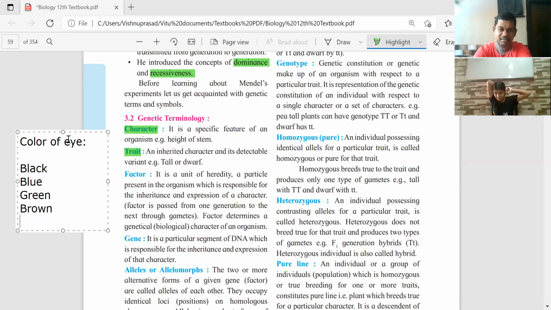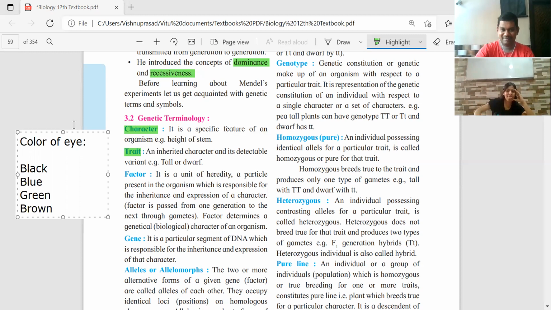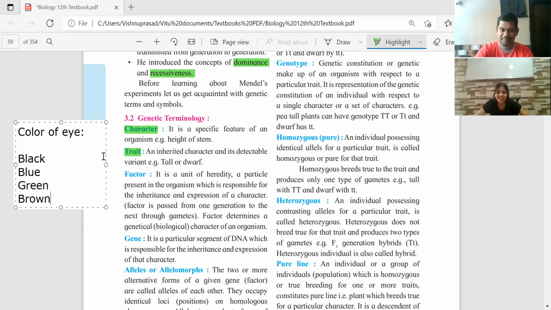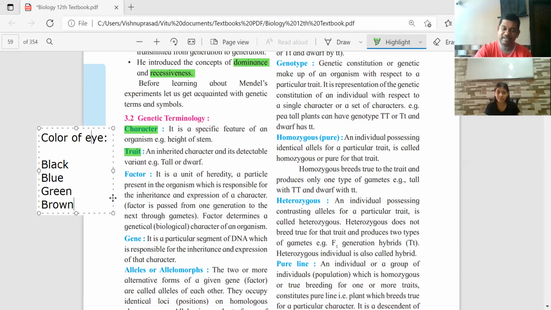Gray eyes, I had them in childhood. No, that is different, I don't know how. No, it is black. These are the most common ones. Now, color of the eye is a character, and black, blue, green, brown are the traits. So that means an individual or an organism will have one of the traits for a character.